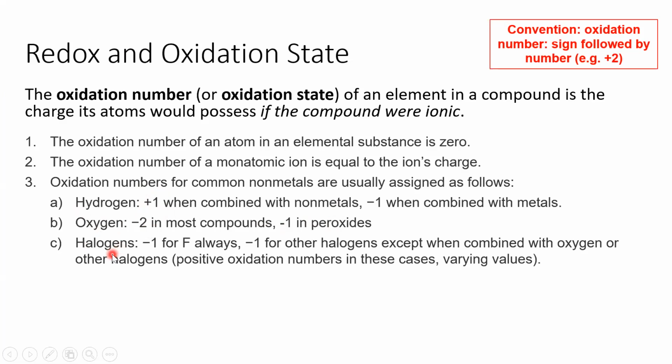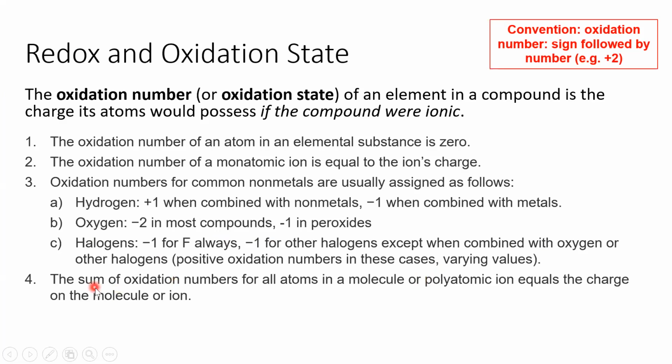Halogens, elements in group 7 on the periodic table: fluoride is always -1. Most of the other halogens are -1 unless they're with oxygen, and then they can vary. We'll look at some examples.